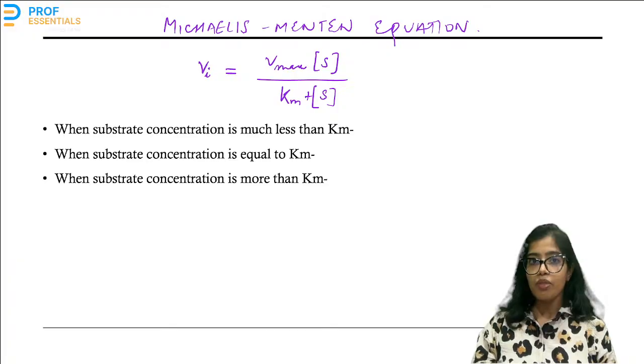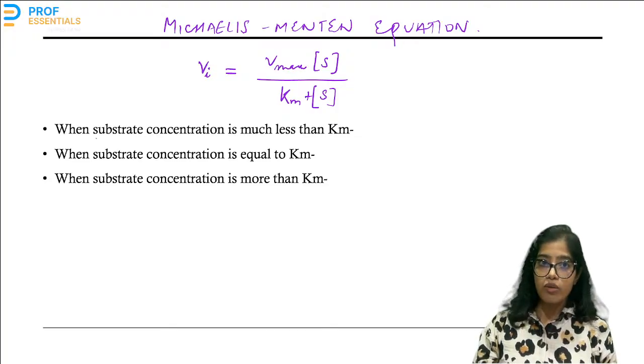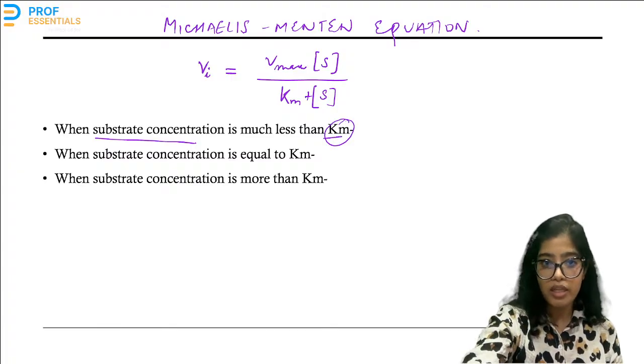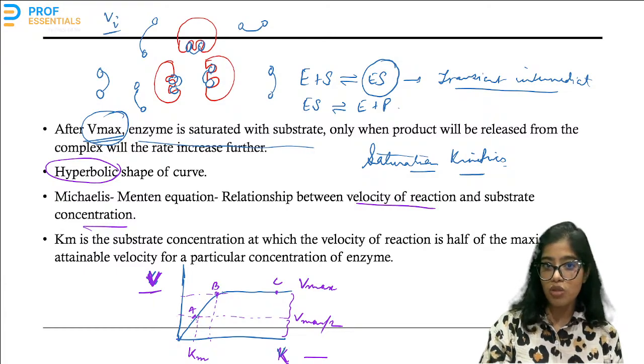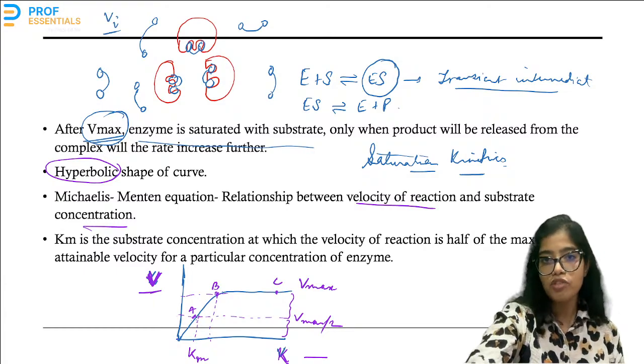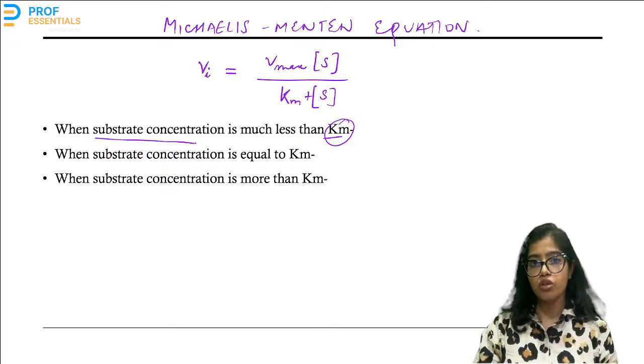particular moment. Okay, now if you have to write this Michaelis-Menten equation when the substrate concentration is much less than Km. Km is also a substrate concentration only, right? It is a type of substrate concentration, a point in substrate concentration.